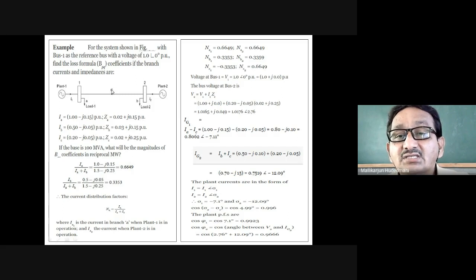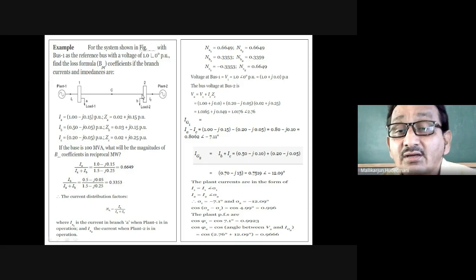Now the impedance ZC is common to both. There could be a flow of power from plant 1 to load 2 via C, or from plant 2 towards load 1 via ZC. ZA is from bus 1 to load 1, ZB is from plant 2 to load 2, and ZC is common between plant 1 and plant 2. That's the arrangement.